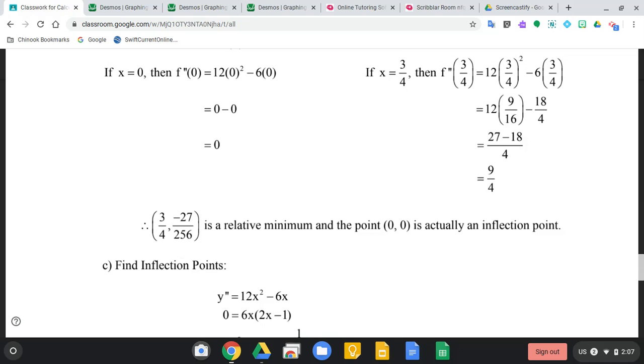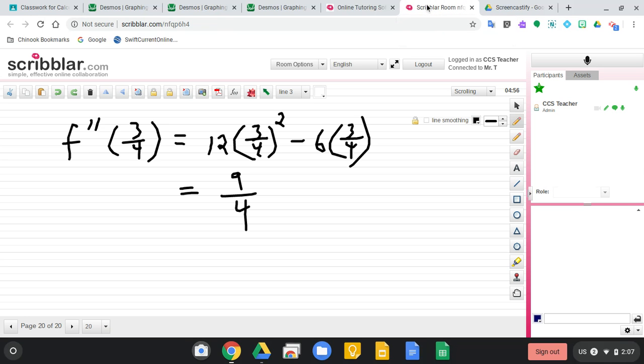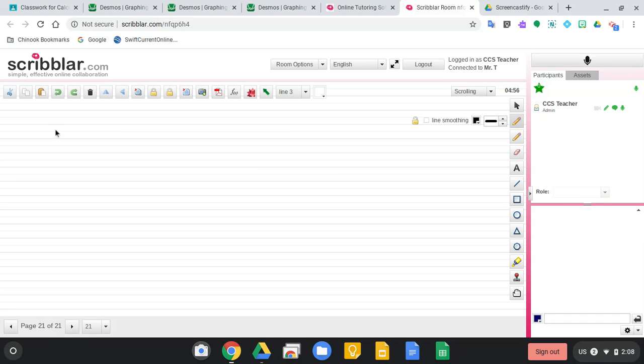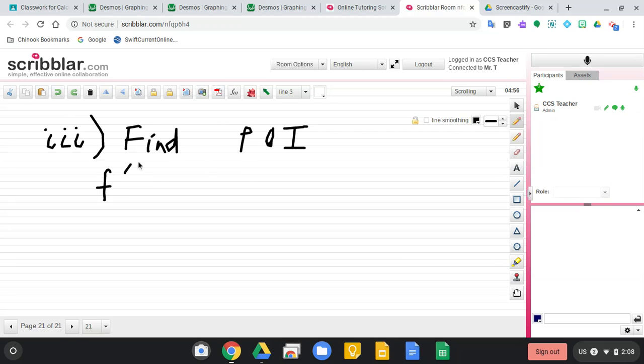Now, we found one inflection point by accident. There could be others. So let's go back to our scribbler, and I'll show you what I mean. If I'm going to find inflection points, now this is the third step. Find points of inflection. So we have our second derivative, f double prime of x, which was 12x squared minus 6x.